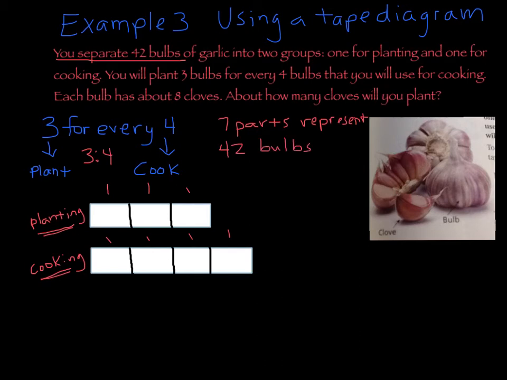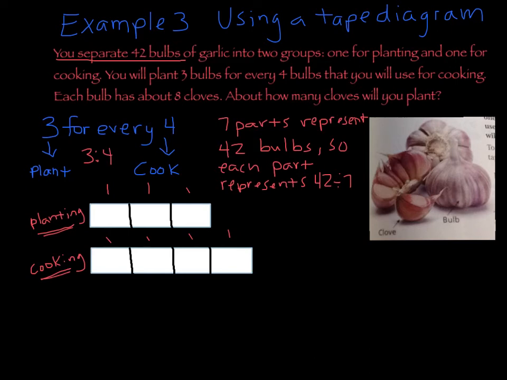So 7 parts represent 42 bulbs, which means each part represents 42 divided by 7.